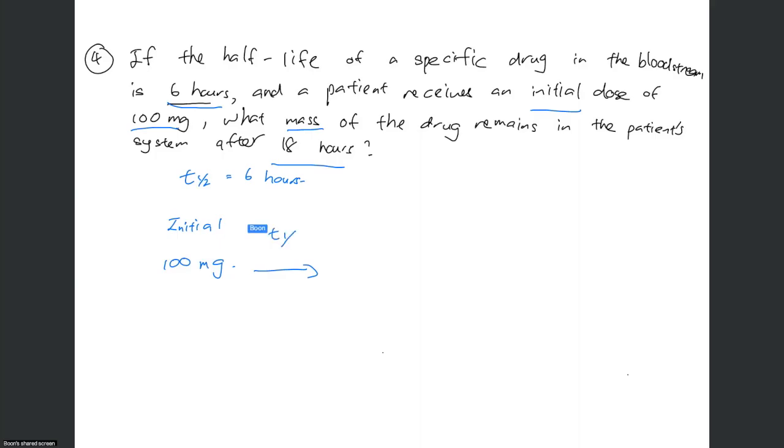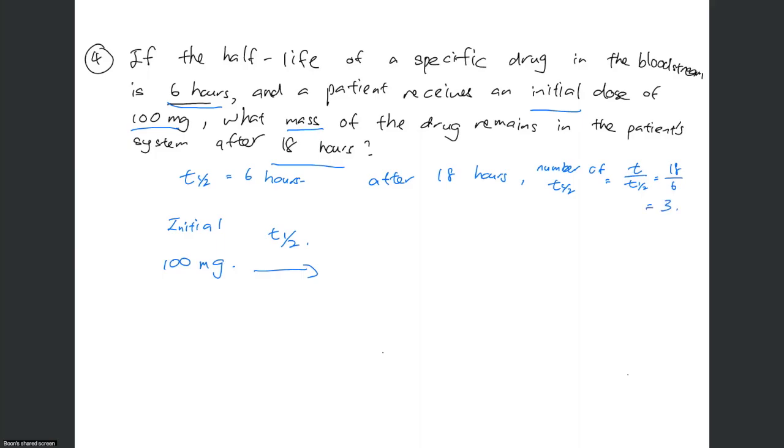So after 18 hours, basically, the number of half-lives equals time over T half, which is 18 divided by 6 equals 3.